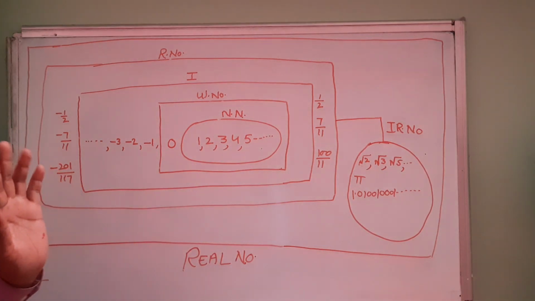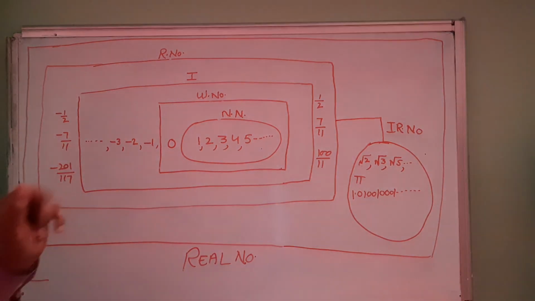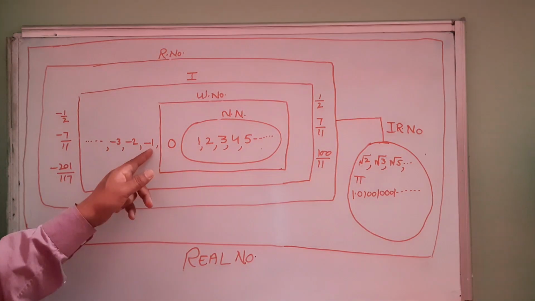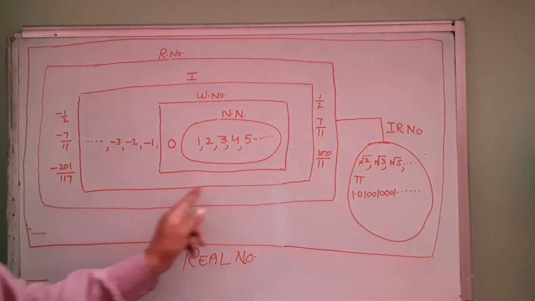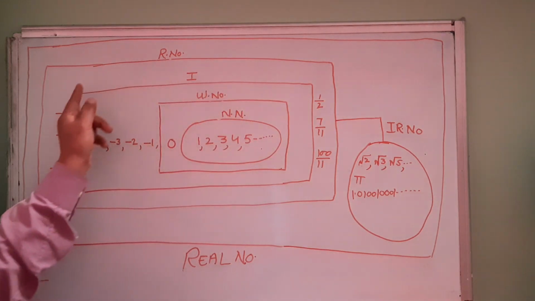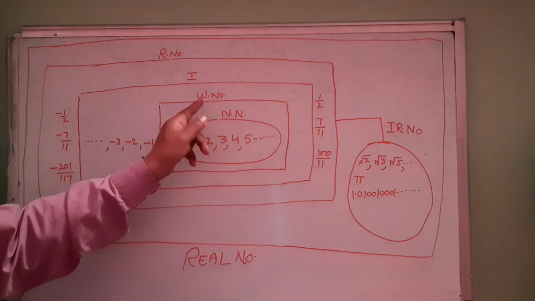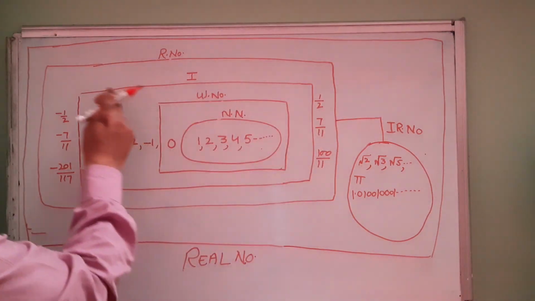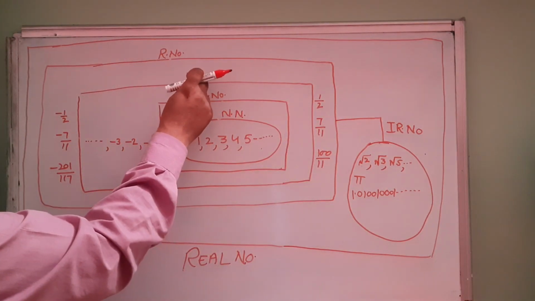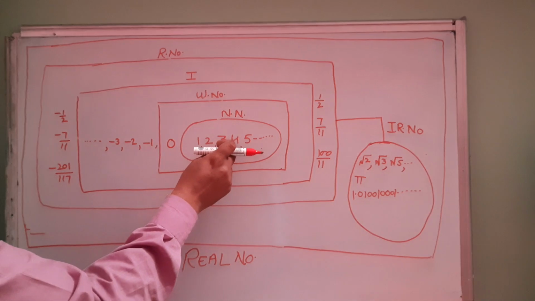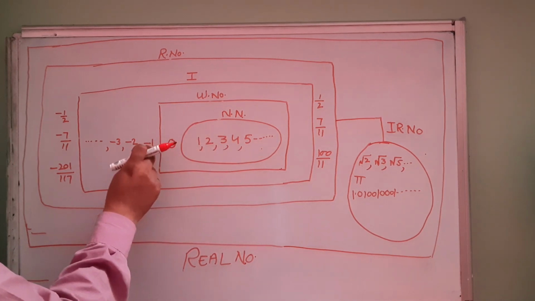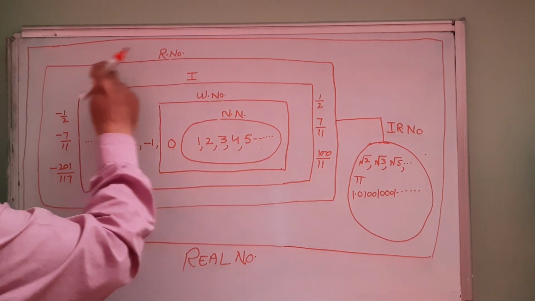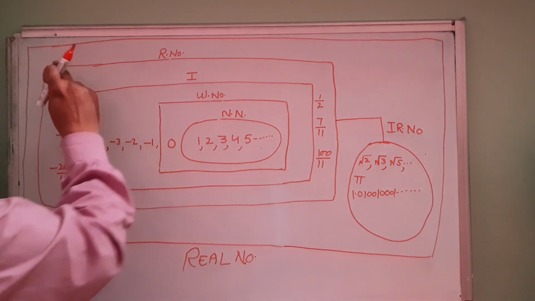In the same way, if I take minus 1, now see, minus 1 is in this box. So minus 1 is what? Integer. Minus 1 is also a real number because it is also in this box.